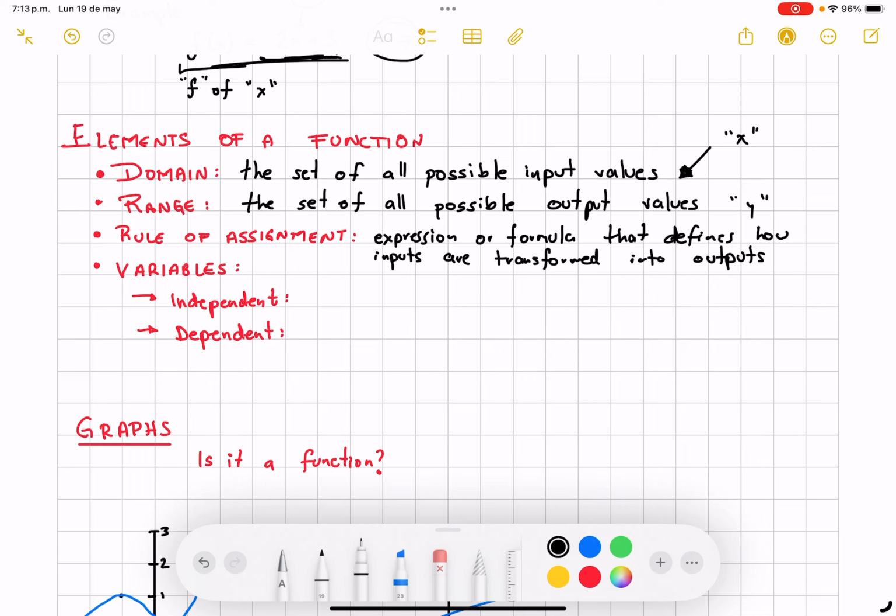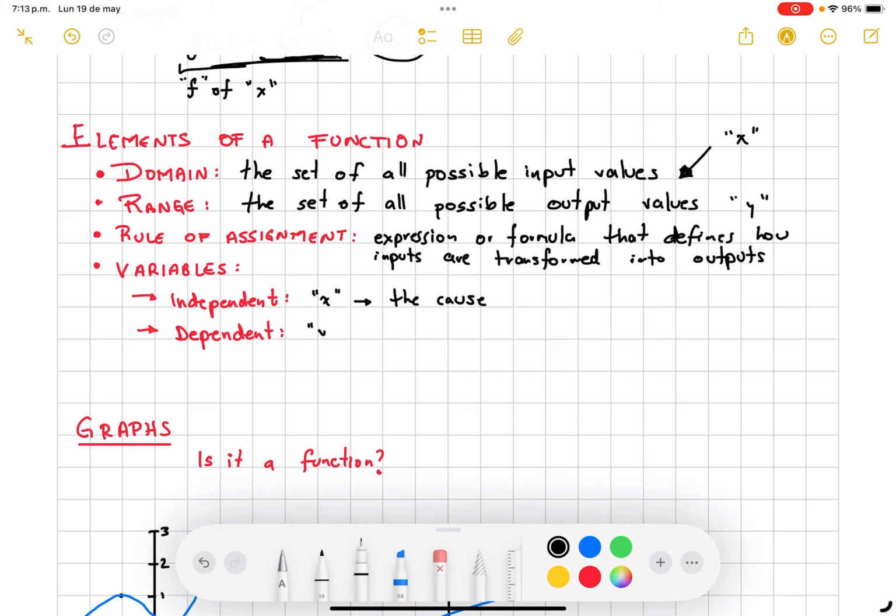So what else? We also have the variables. We have the independent variable, usually the letter x. So what is the independent variable? This represents the cause. What do I mean by the cause?